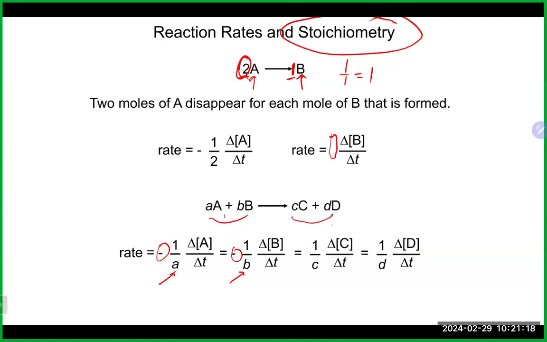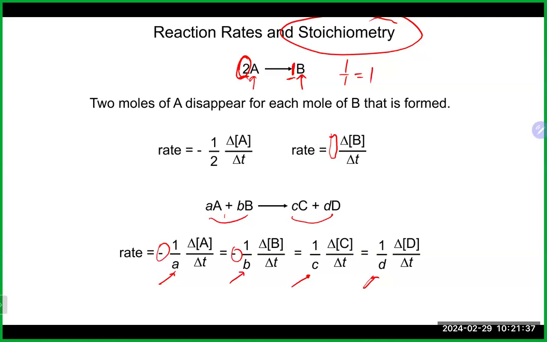For our products, because they should be increasing with time, we don't have the negative, but we still do 1 over the coefficient. So you can do it like this, which is probably a good way to put both of those things together.